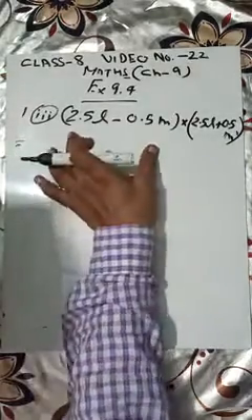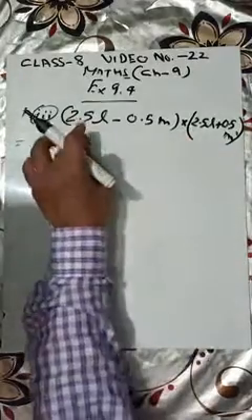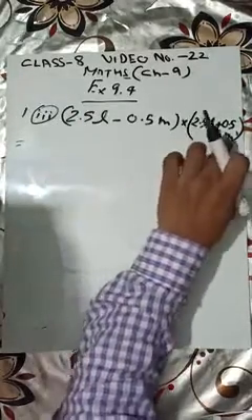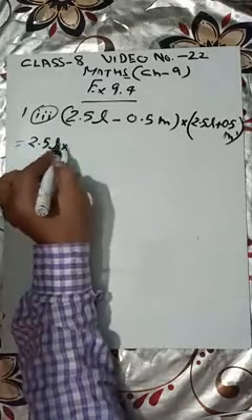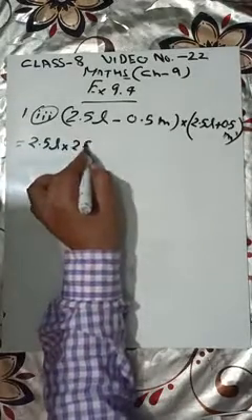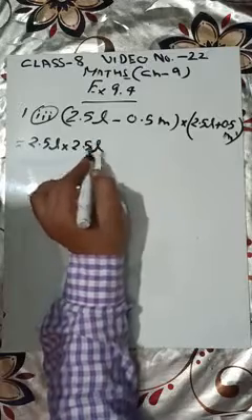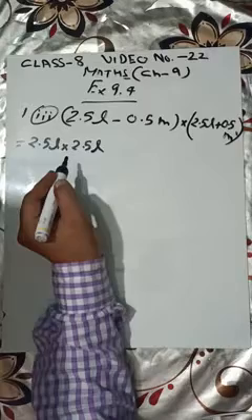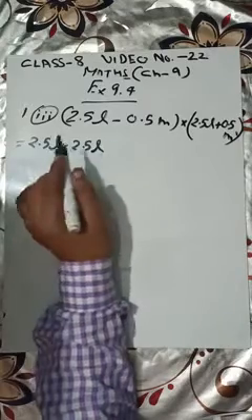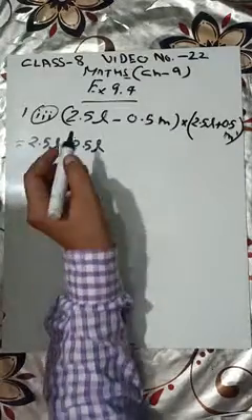This whole thing is going to multiply with this whole thing. This 2.5 l will multiply with each term. Initially you will have some problem. You have to write a lot, but after a few questions of practice, you will be mastering this. You can do it directly.